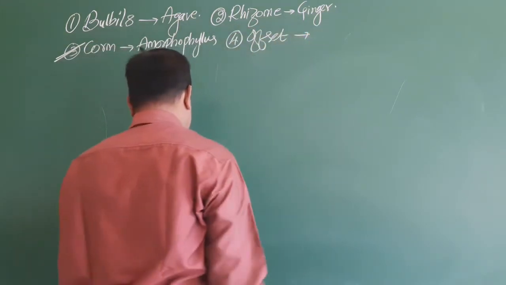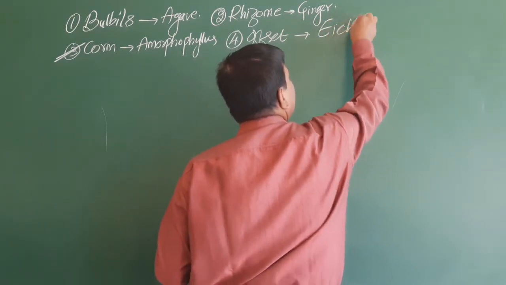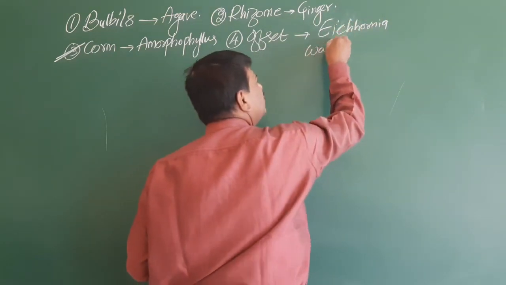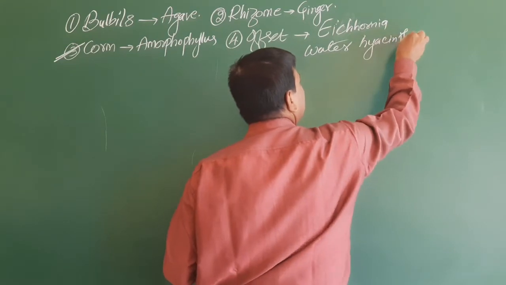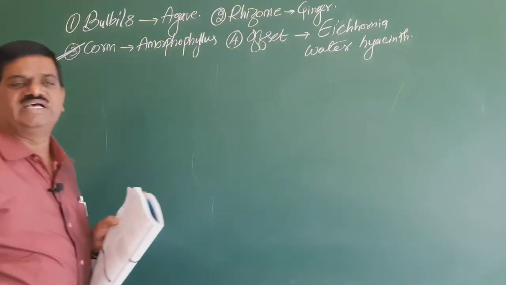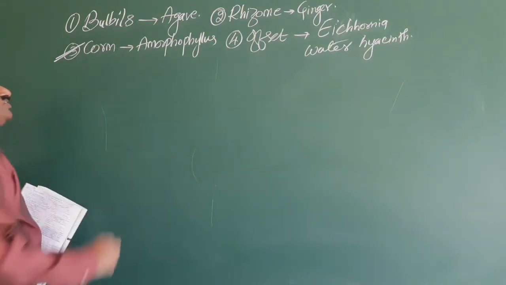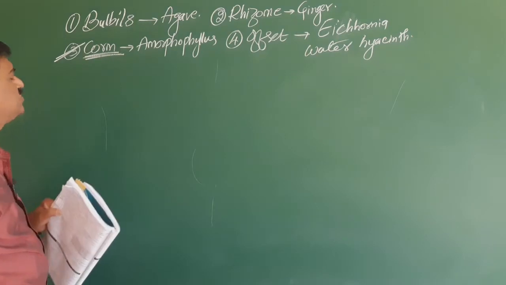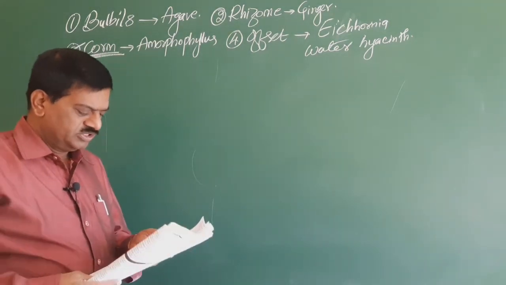This offset can be noticed in Eichhornia. Eichhornia is also called water hyacinth. It is also called the terror of Bengal. But here the right option is Amorphophallus. Vegetative multiplication can be seen from the corm. So the right answer is corm.